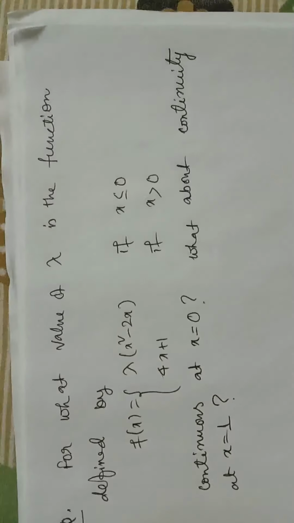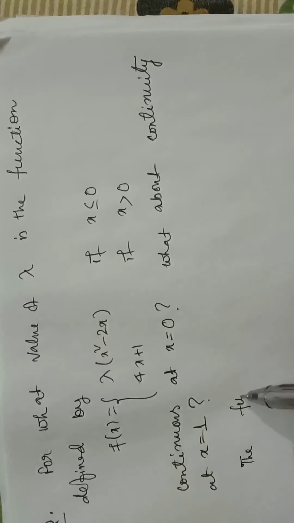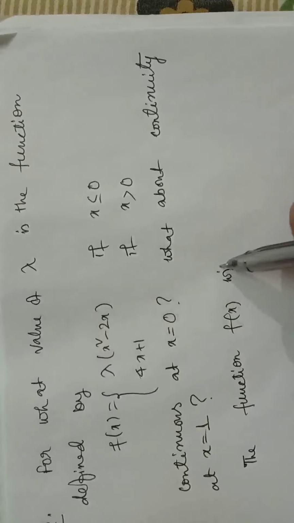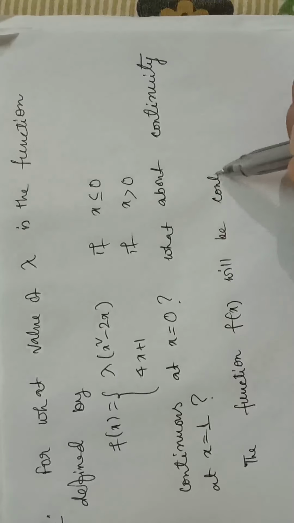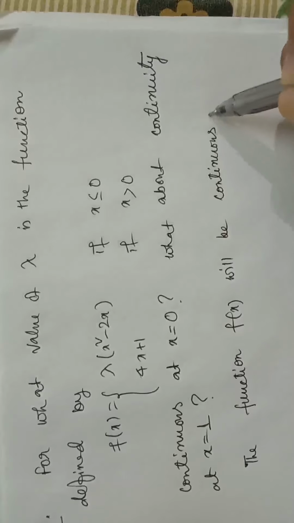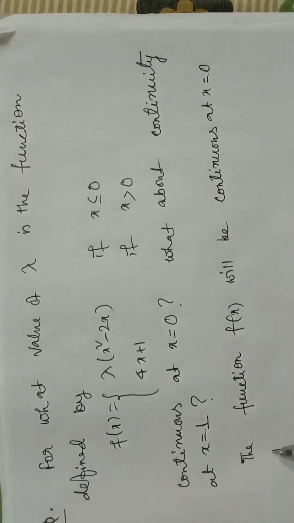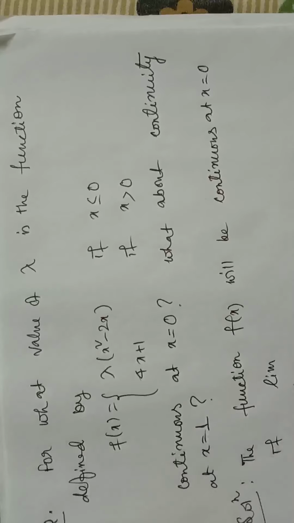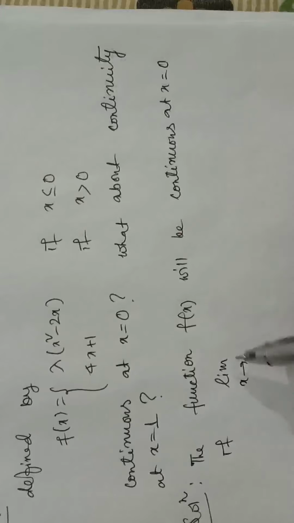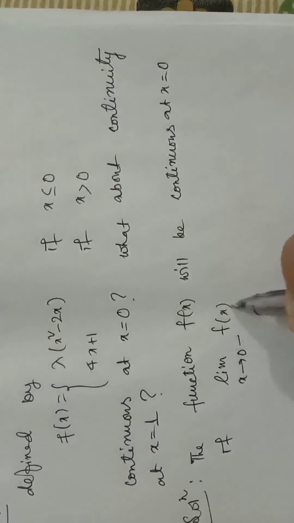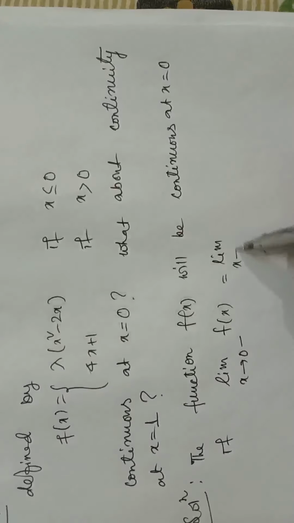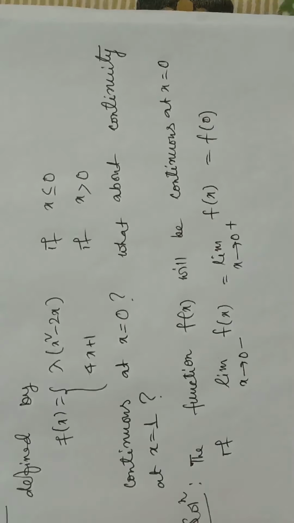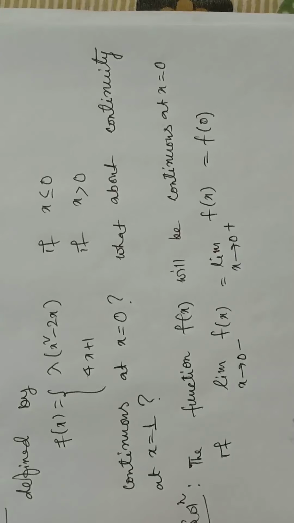So let me write in this way: the function f(x) will be continuous at x equal to 0 if left hand limit is equal to right hand limit is equal to the functional value. If these three are equal, the function will be continuous at x equal to 0.